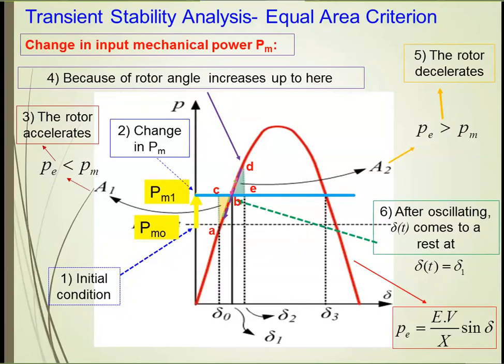You cannot suddenly increase the gate opening or the valve opening and have the turbine mechanical power suddenly change from 400 megawatt to 500 megawatt. A 100 megawatt jump cannot happen instantaneously, it cannot be stepwise. It will be more or less like a ramp. So there will be a rate of change of turbine mechanical power with respect to time. Basically, it will not be a step change.